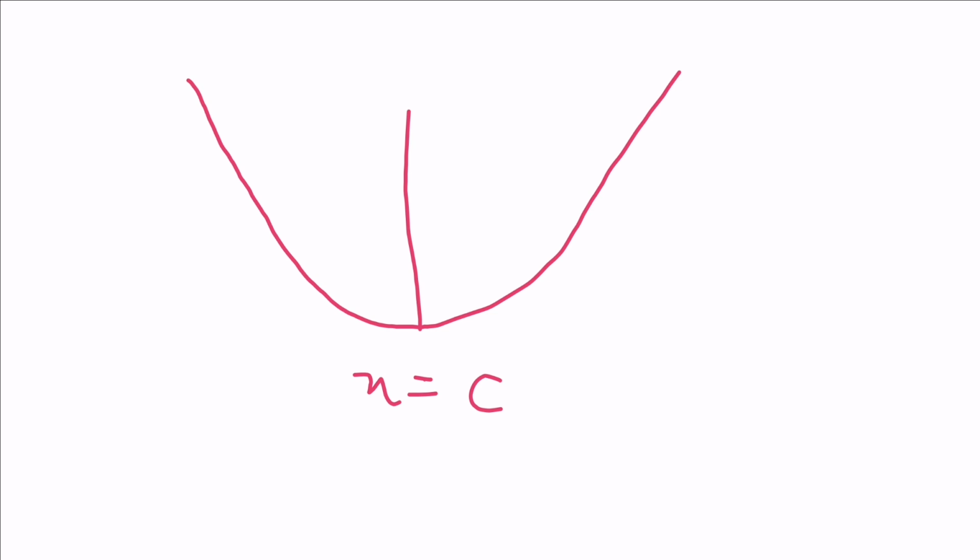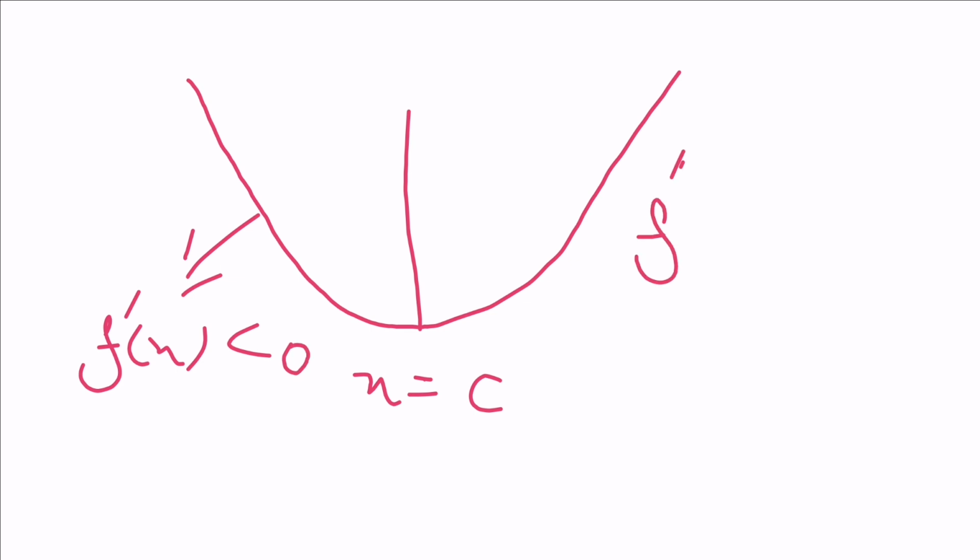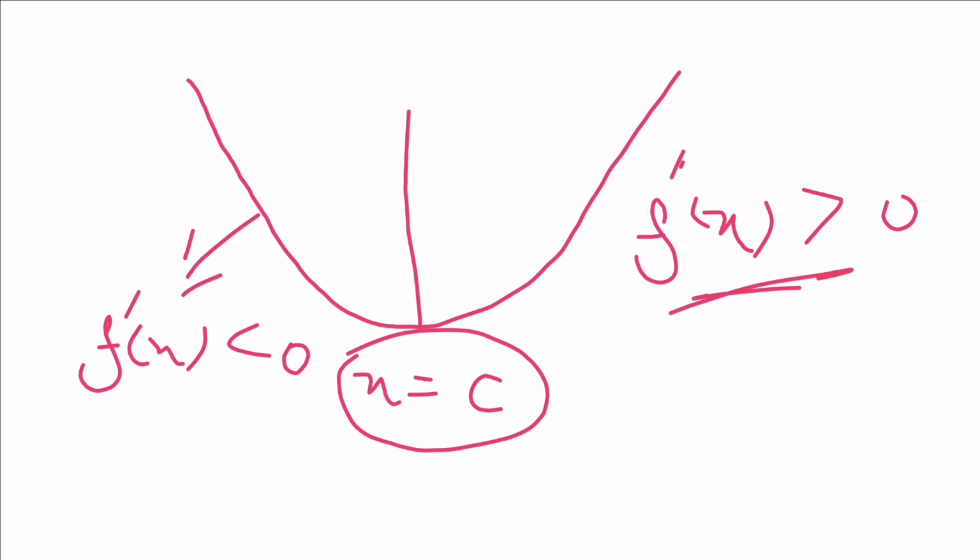So the first derivative is less than 0 on the left side and the first derivative is greater than 0 on the right side of the critical point. So this is the relative minima of the given function. This is the second type of critical point.